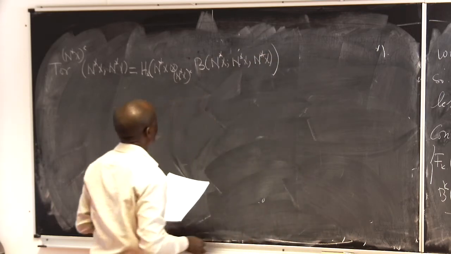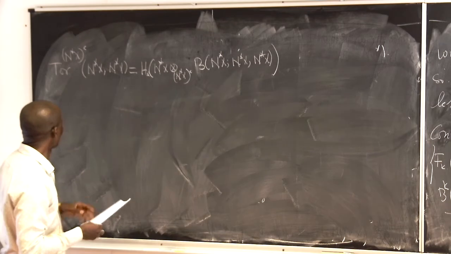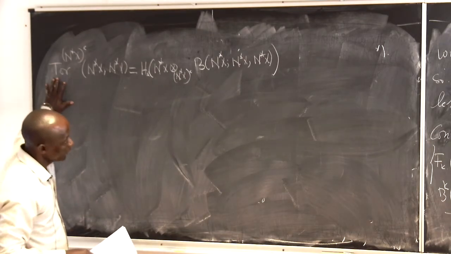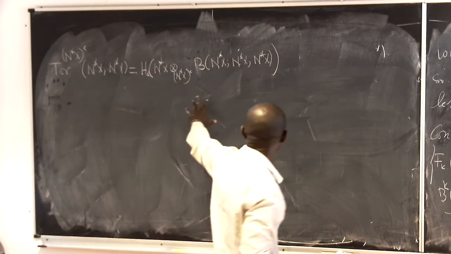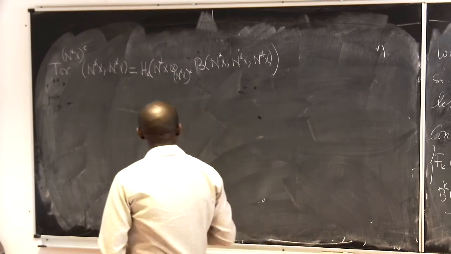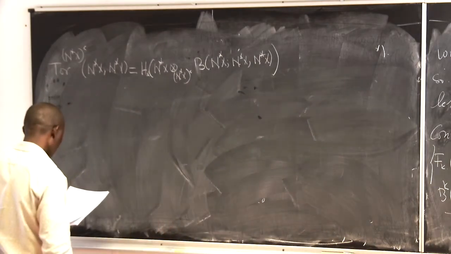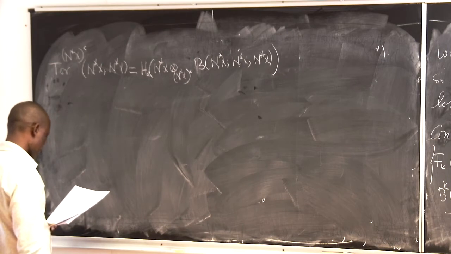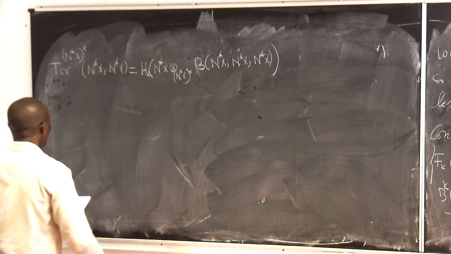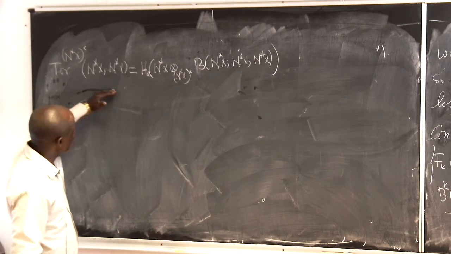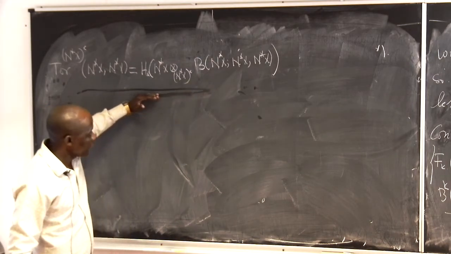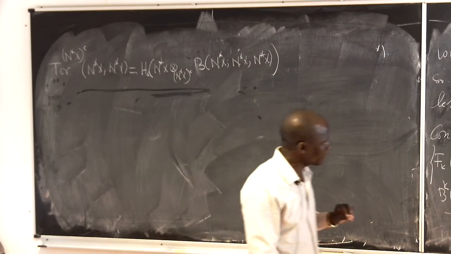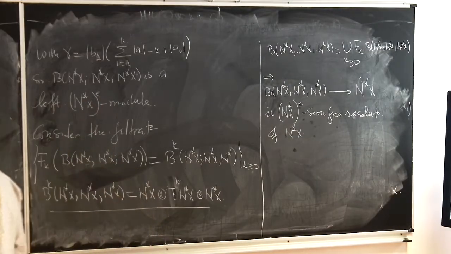Okay, we have this from the definition of the Eilenberg-Moore differential Tor. We have this. Okay. Now that we have this relation, we can go directly to the link between the Hochschild homology and the Eilenberg-Moore differential Tor by using this.